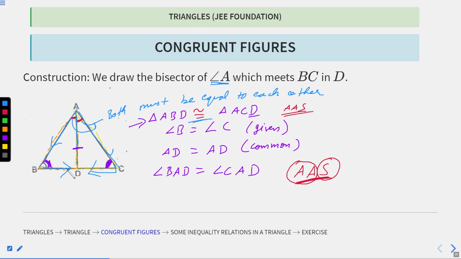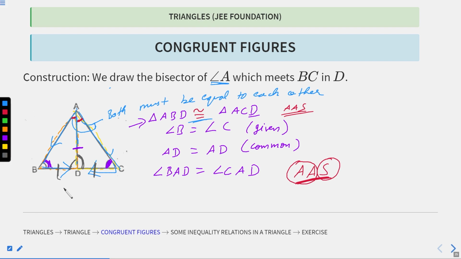Now from this, using corresponding parts of congruent triangles are congruent, I can say that this remaining angle must be equal to this one, and the side between these two angles must be equal.